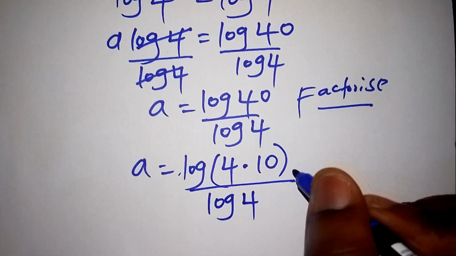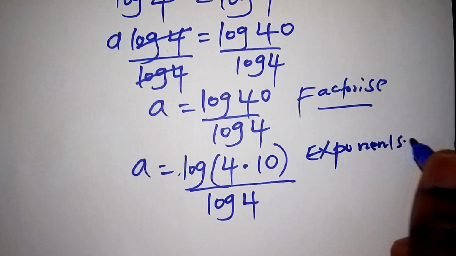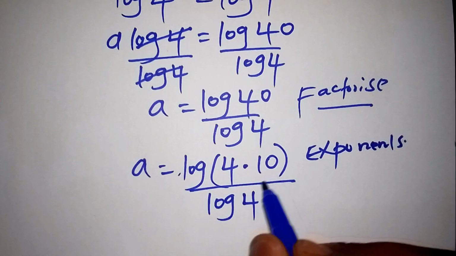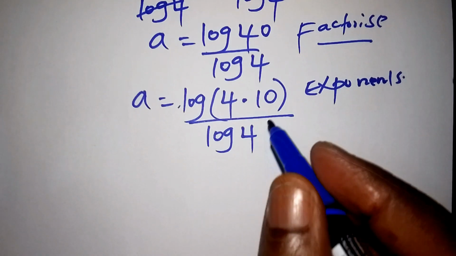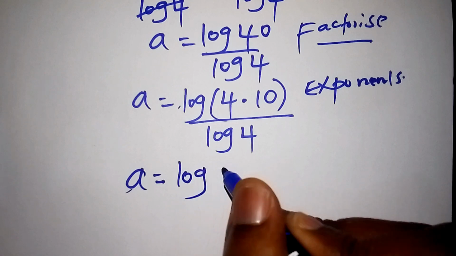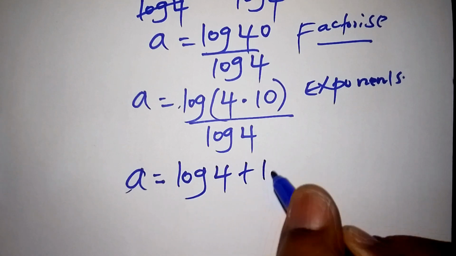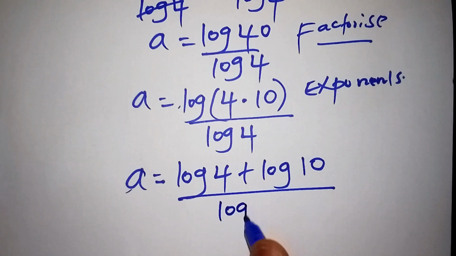According to the law of logarithms, when it is in the form of multiplication, expanding that bracket introduces addition. So we have the log of 4 plus the log of 10, all over the log of 4.